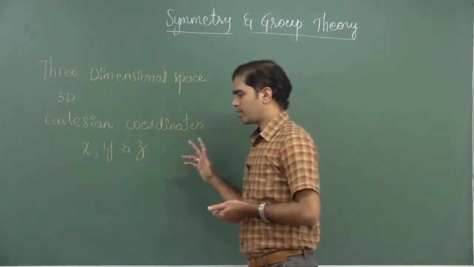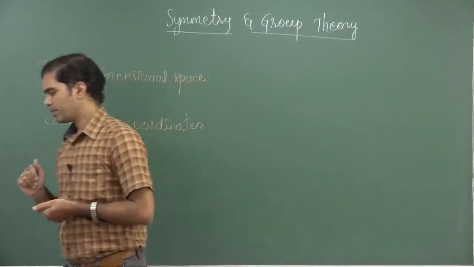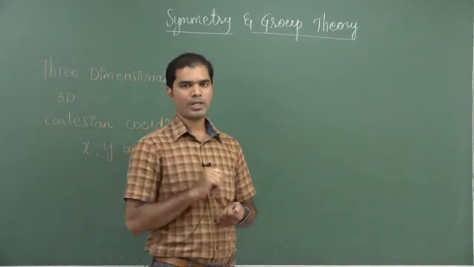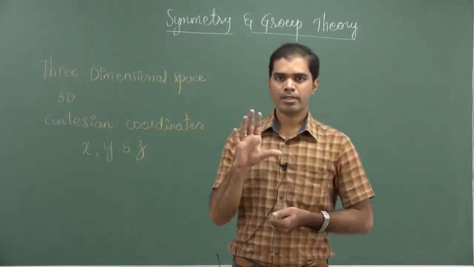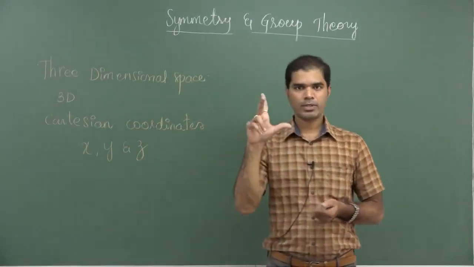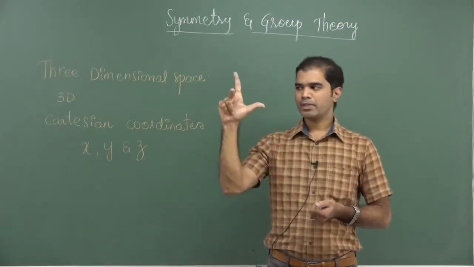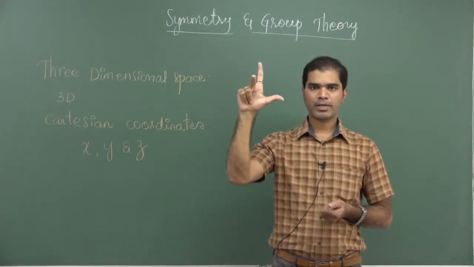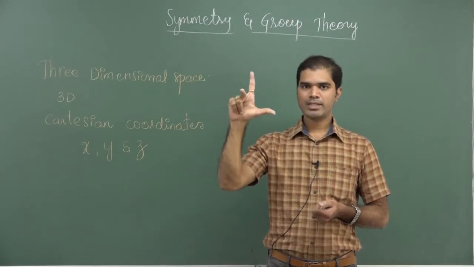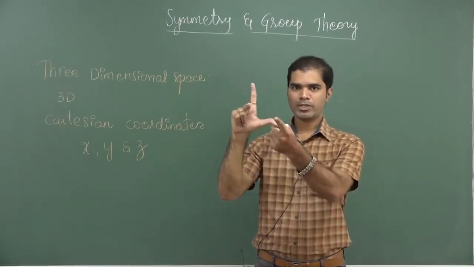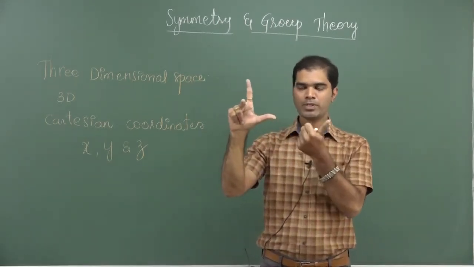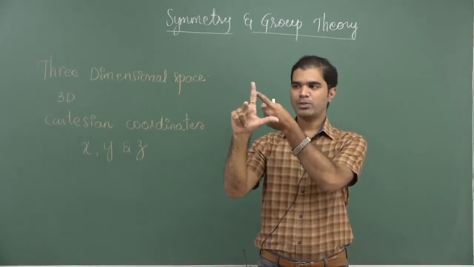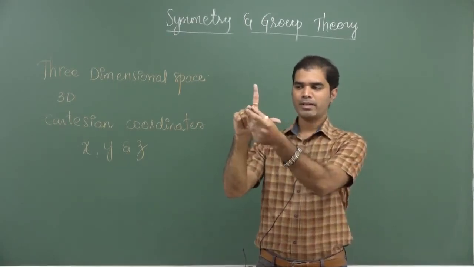How are these x, y and z coordinates aligned? Now before showing any model, I just request you to imagine with your fingers, right? Suppose I am showing my right hand, put the fingers in such a way that one is pointing towards you, one is pointing towards your right and left, and one to top and bottom. I am showing only one.